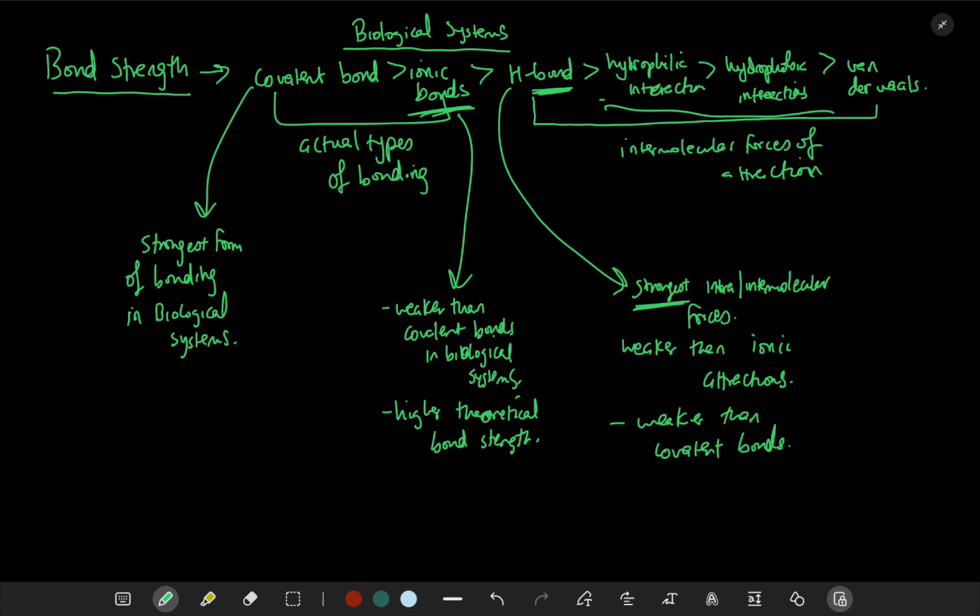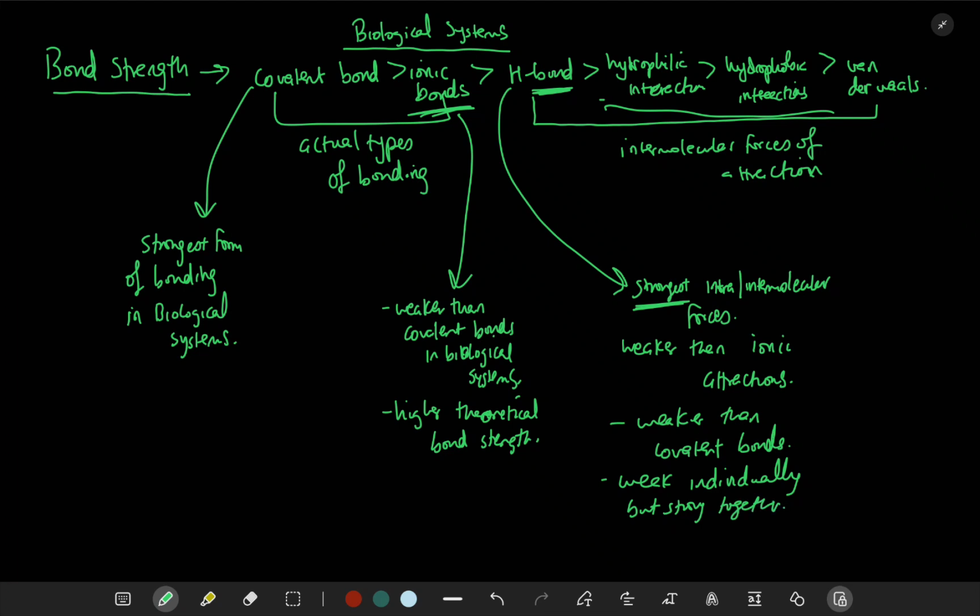Okay, now a key thing to note is that even though hydrogen bonds are relatively weak by themselves, they can be considerably strong when there are many hydrogen bonds together, like in water, for example. All the water molecules can form hydrogen bonds with each other. So they're weak individually, with respect to, say, covalent and ionic bonds, but strong together.